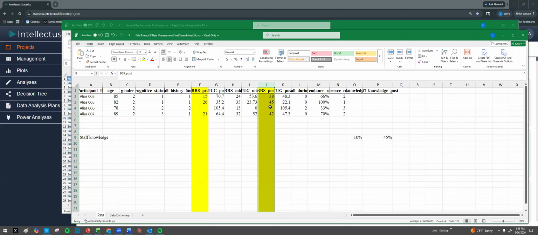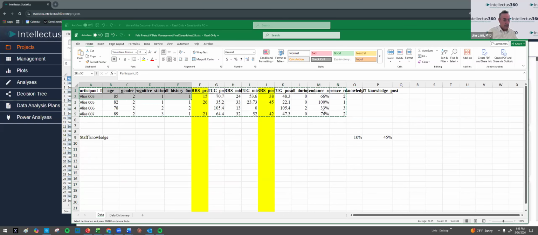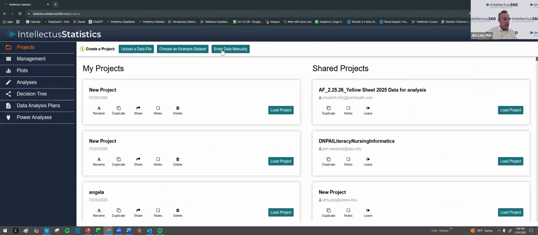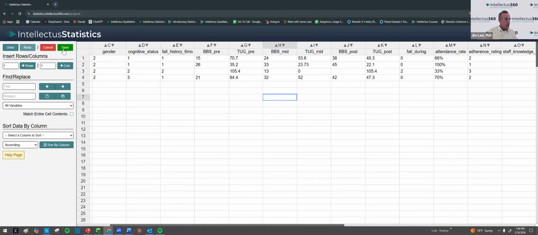I did a paired test, and yesterday, on Tuesday, I think it was Samantha who said that my assumption was violated, and then she didn't know how to help me. So I'm here for your help. I'm just going to copy that data, go into enter data manually, and paste. Okay, let me save this.